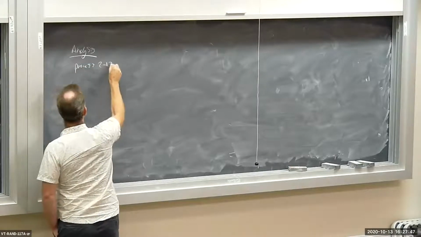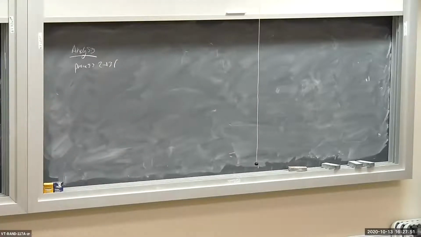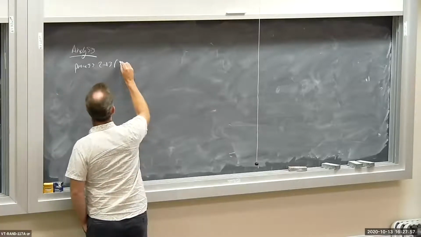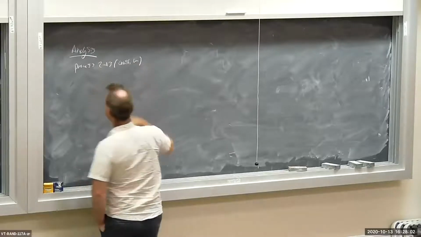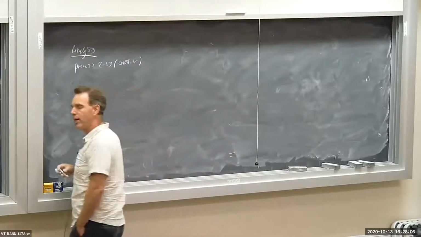And by the way, that process 2 to 3 is isochoric heat addition. So constant volume heat addition process. Let's write down the energy balance.